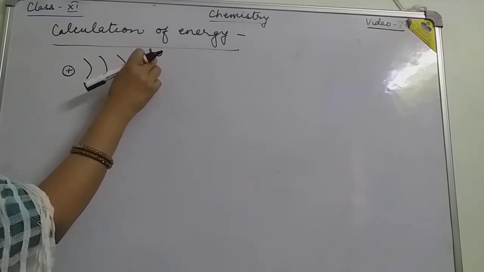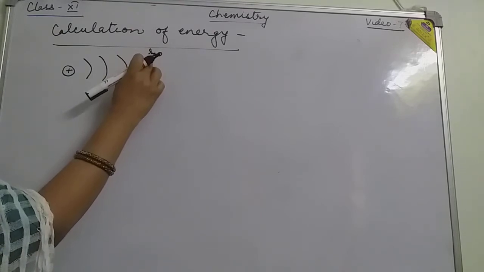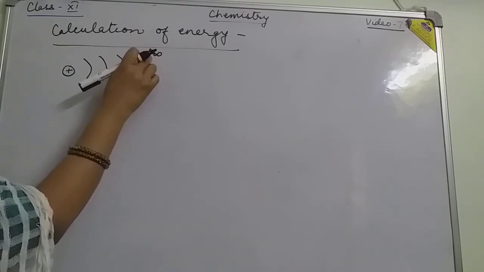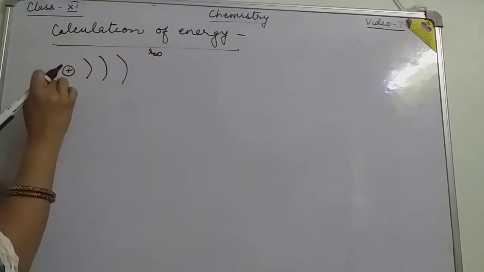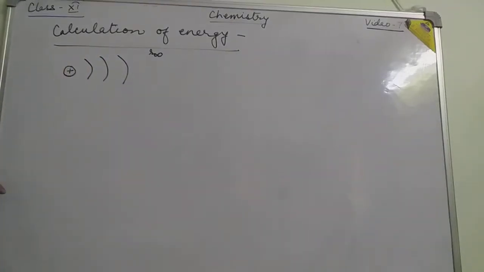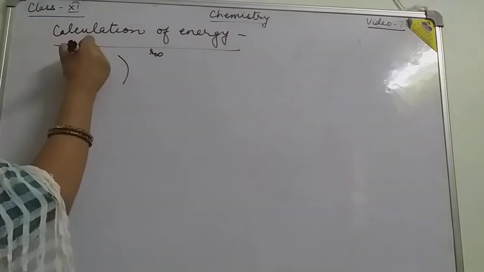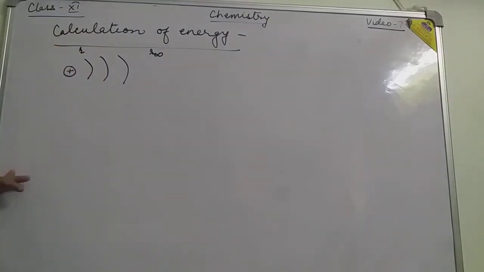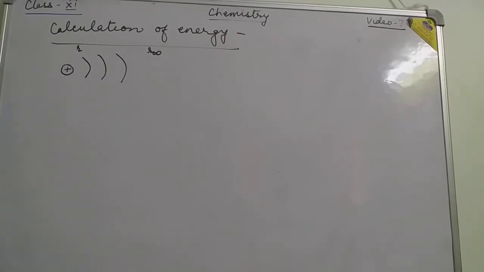If the electron is present at infinity, then to take it to the first radius or orbit, we do some work. For doing work we use energy, so to take it from R infinity to R, we use some work. So to calculate it, let's see the total.